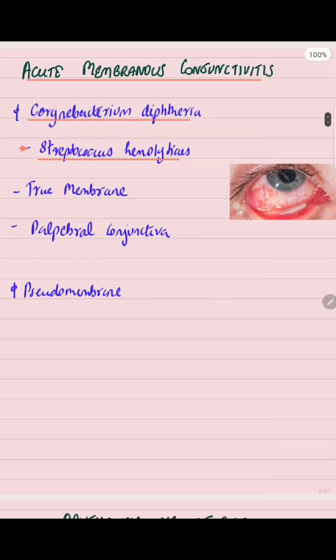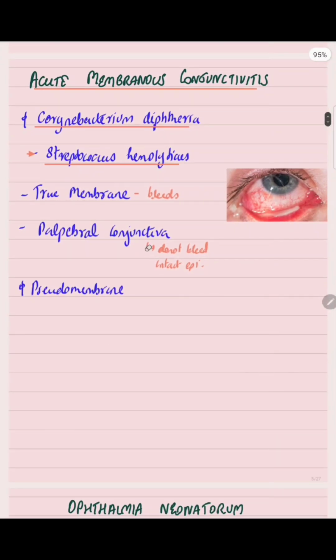A true membrane is tough and firmly adherent to the conjunctiva, and it bleeds on removal, leaving a raw area. It usually covers the palpebral conjunctiva. A pseudomembrane can be easily peeled off, leaving behind intact epithelium, and does not bleed.